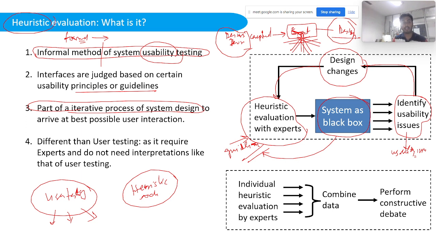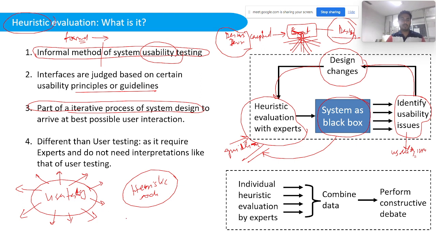There can be various ways to detect the usability issues. Some of them were already discussed in the user study, like the think aloud protocol, which can be used to understand the cognitive issues users faced. Then by looking at system log information, you may find where the system failed. Again, by monitoring the user, you can identify certain issues. So there are a lot of different interpretations required when we perform user testing.